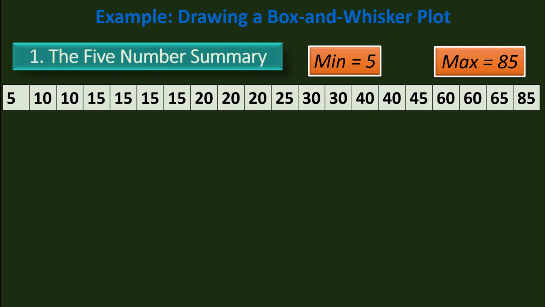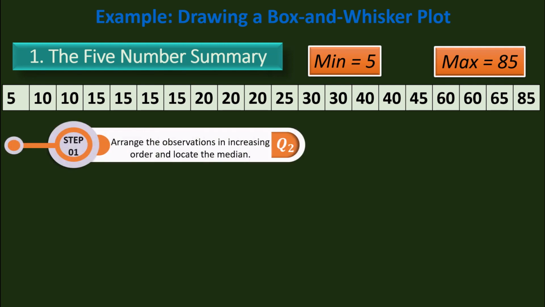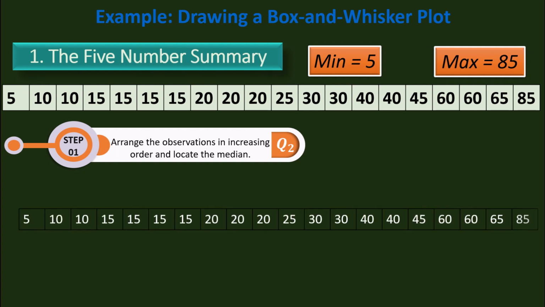Next, we need to find the Q2, that is the median. How do we find the Q2? We consider the ordered data set and find the middle number. You can find the middle number very easily, but let me explain in this way. How many data? 20. That means n equals 20. Then we can find the position of the median: 20 plus 1 divided by 2, that means n plus 1 divided by 2.